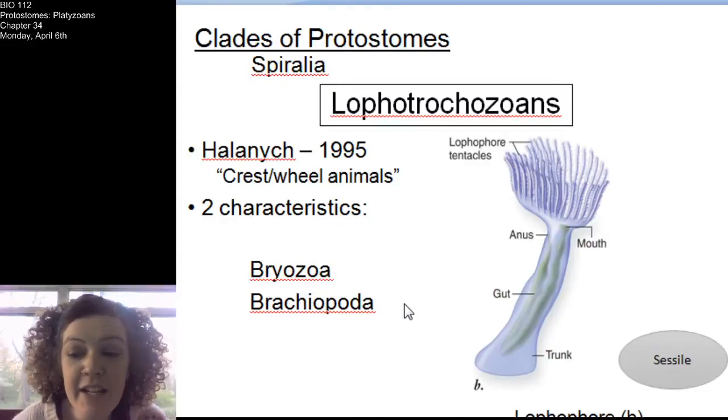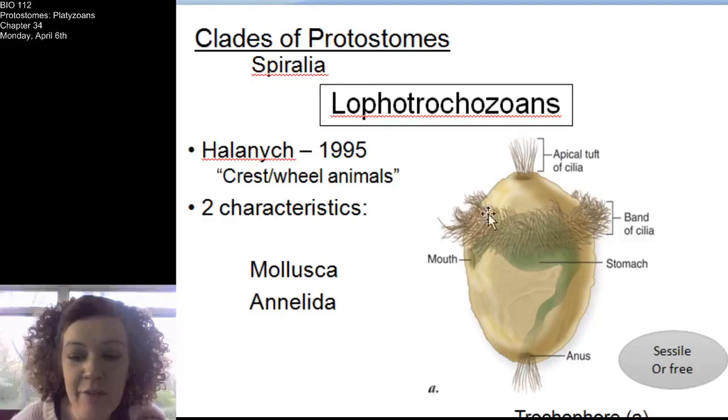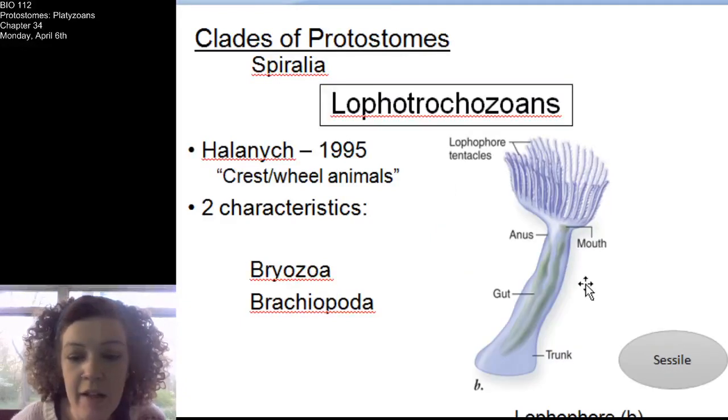And they have a feeding structure called a lophophore. In certain groups, the Mollusca and Annelida have the trochophore larva, and then the Bryozoa and Brachiopods have a feeding structure called a lophophore in their larvae.